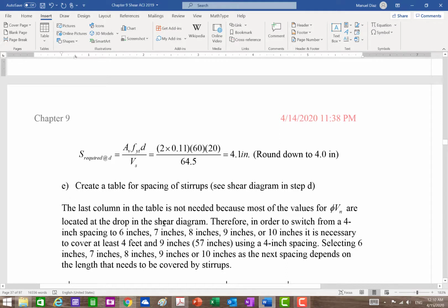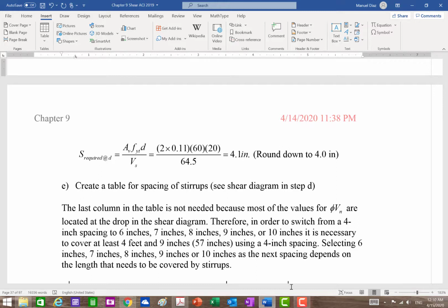Therefore, in order to switch from 4 inches to 6 inches or to 7 inches or to 9 inches or 10 inches, because this is the maximum I can use, remember? I cannot go past that number. It is necessary to put stirrups all the way past the drop.